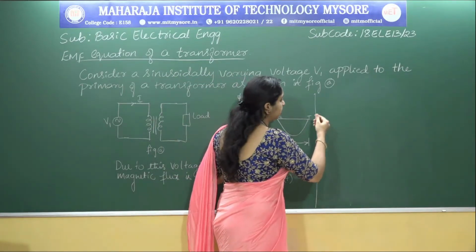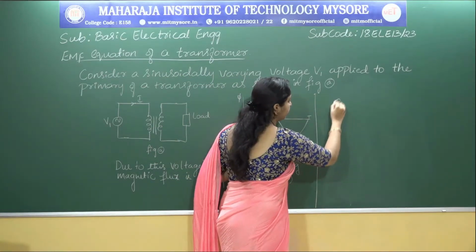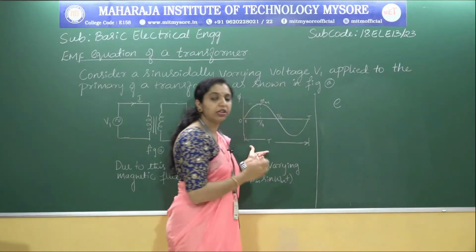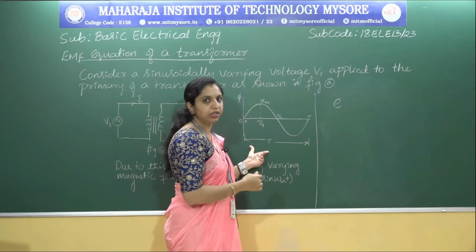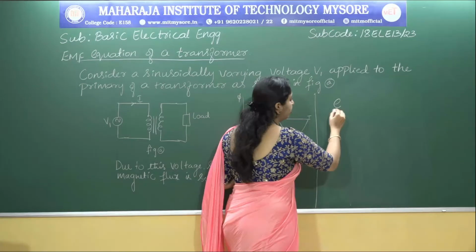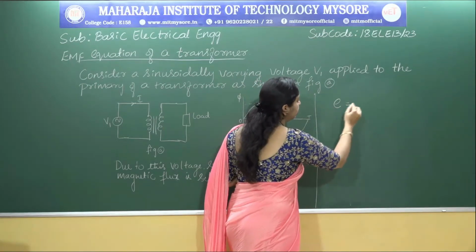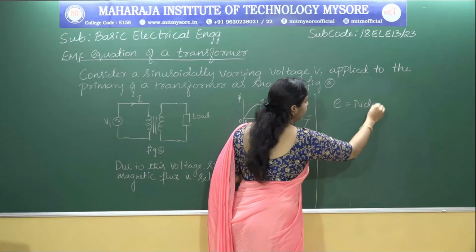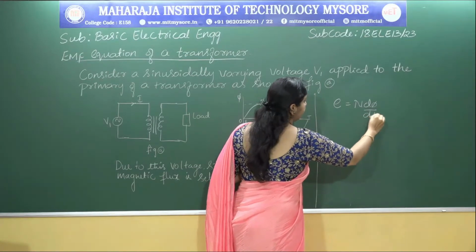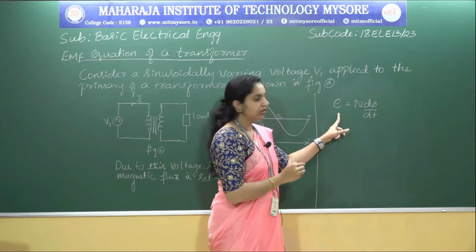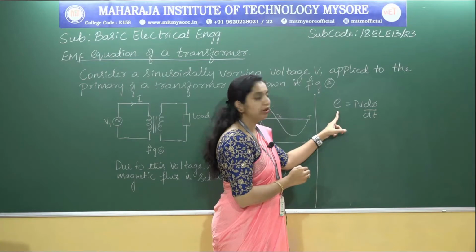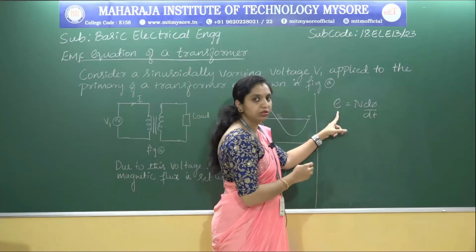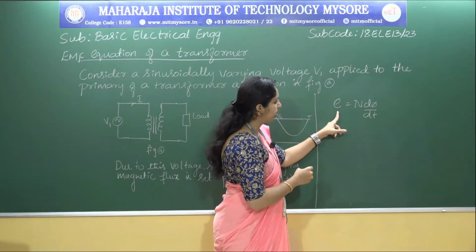Before we derive the EMF equation of a transformer, we need to express the average EMF induced in a transformer, according to Faraday's law. We know that e is equal to N into d phi by dt. Here we represent the average value as small e, which is induced according to Faraday's law.